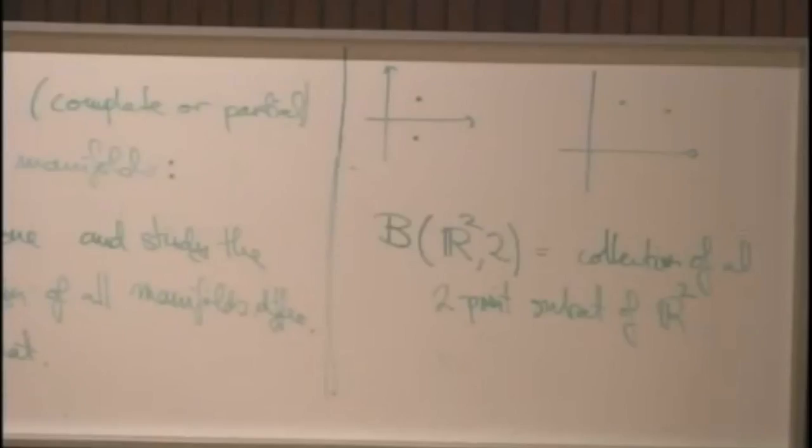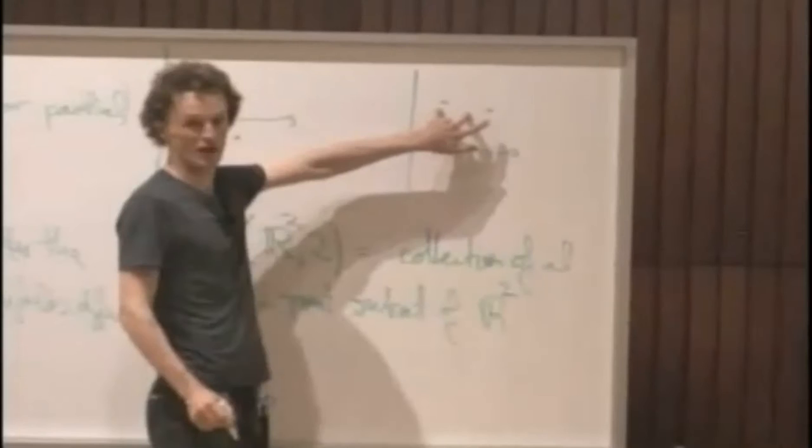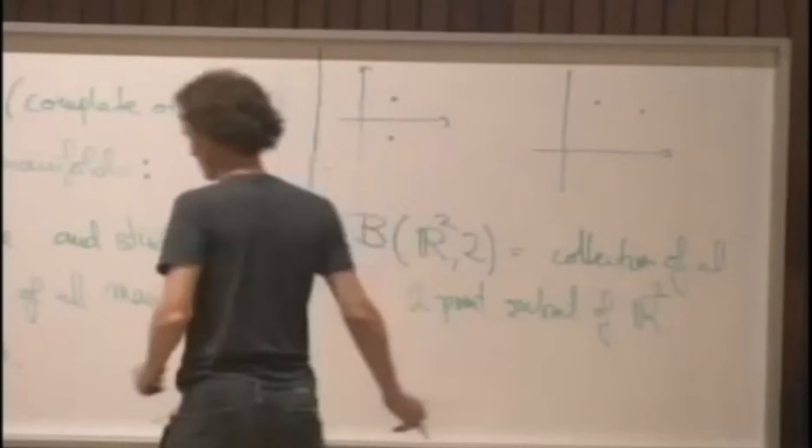So in this very low case, you can see what the space looks like. You can parameterize all of them. If you want to specify a 2-point subset, one thing you could do is say, where's the center of mass? How far apart are they? And what's the angle the line between them makes with the x-axis?